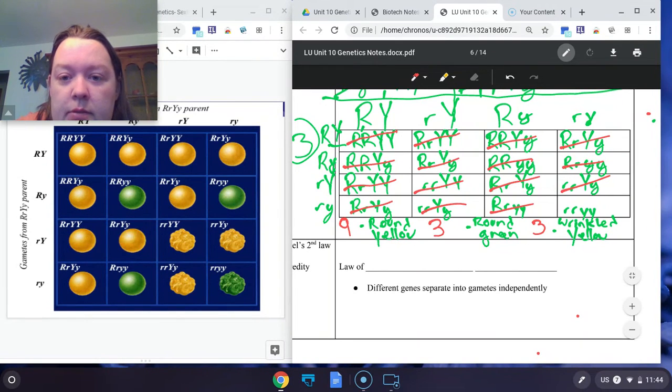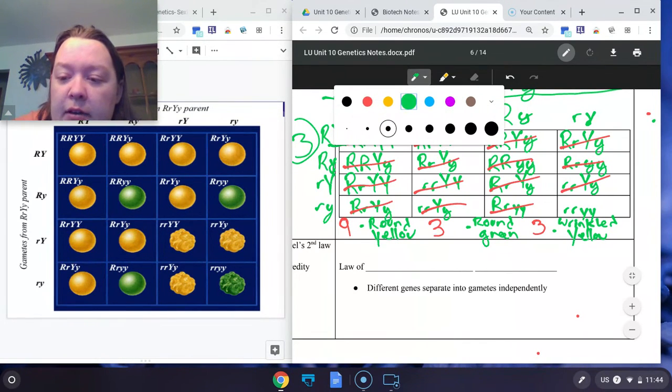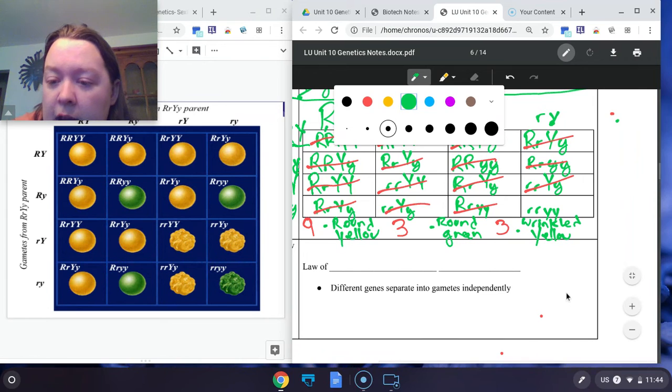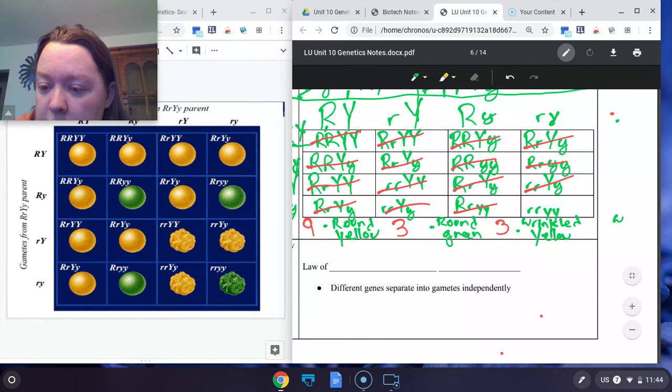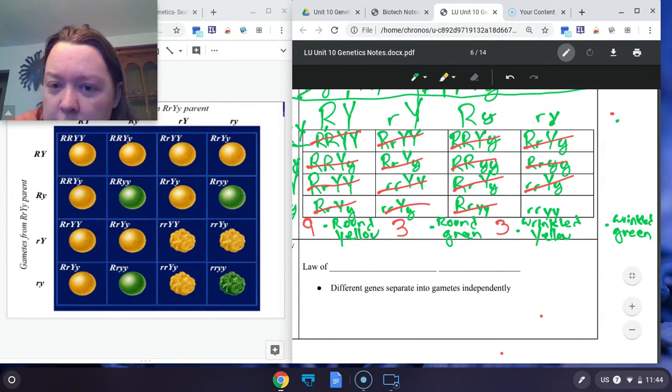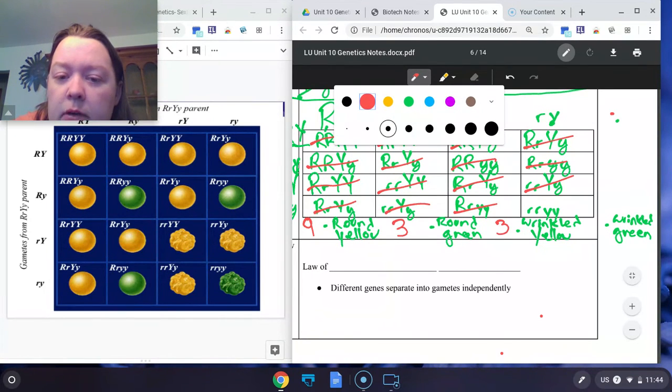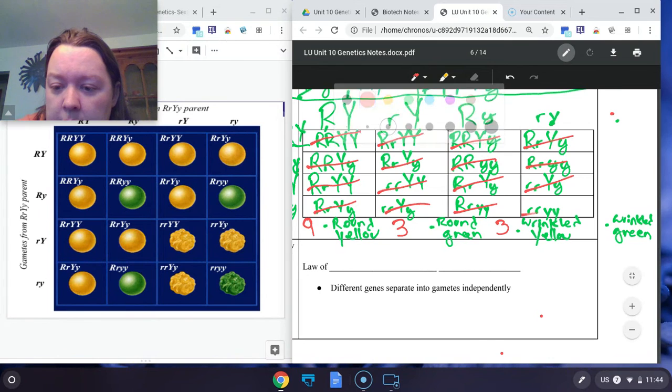I have 3 of those. And the last combination left is going to be wrinkled and green. Wrinkled again is going to be little r. Green is little y. I only have 1 of those.